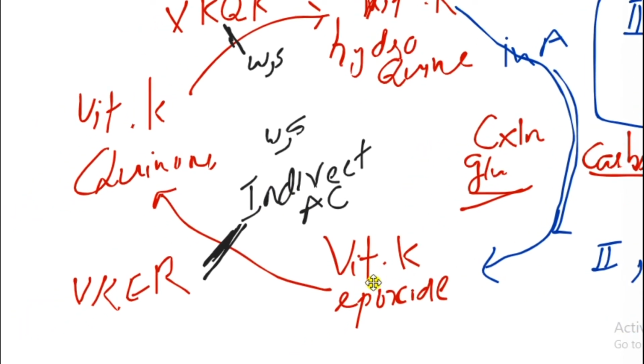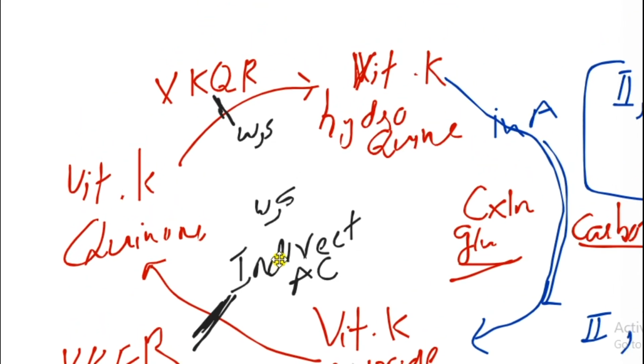Vitamin K epoxide is converted to vitamin K quinone by the enzyme vitamin K epoxide reductase. Vitamin K quinone is converted to vitamin K hydroquinone with the help of the enzyme vitamin K quinone reductase.